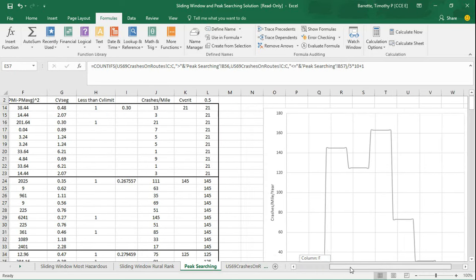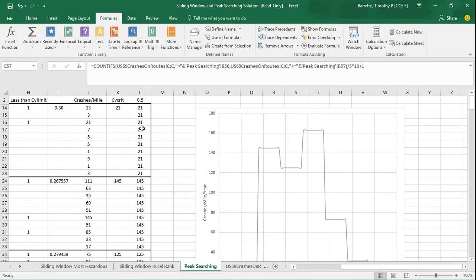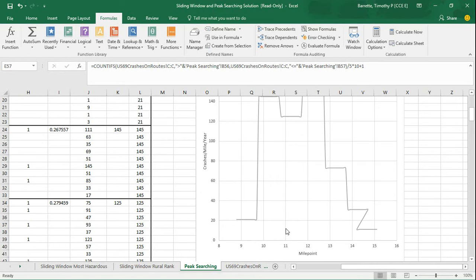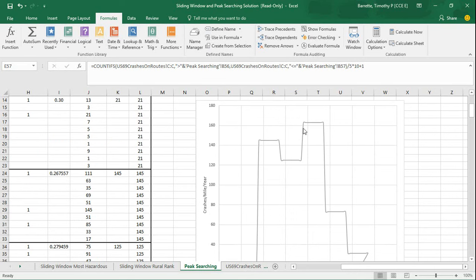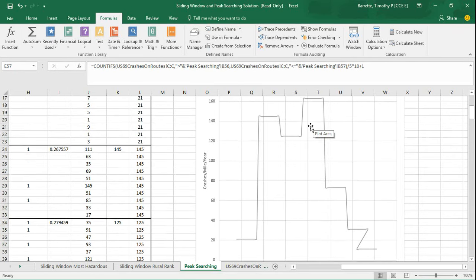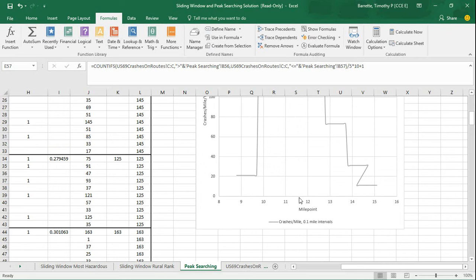Now we can go to this figure which I've made, which is simply plotting these values versus the mile point. And we can see that the most hazardous 1 mile long section occurs right here at approximately beginning at mile point 11.7 or so.